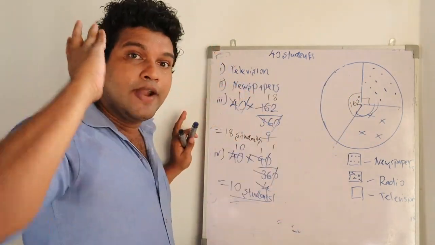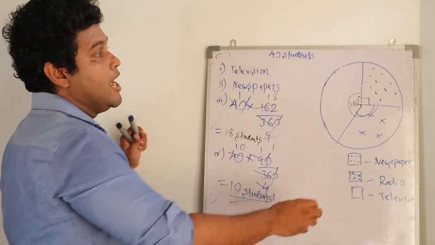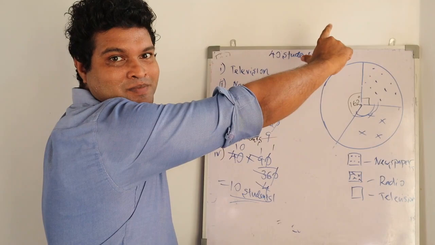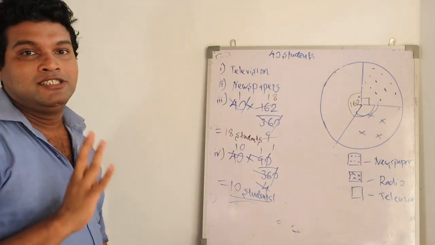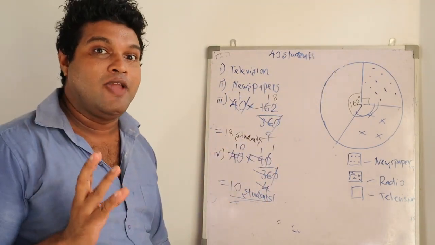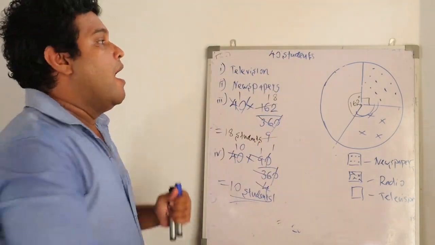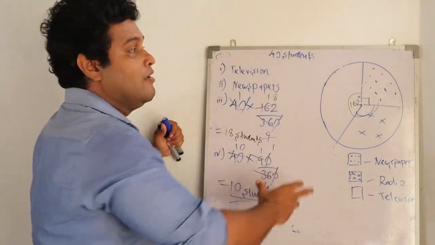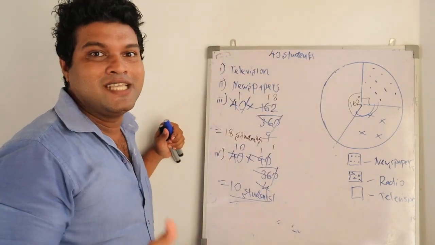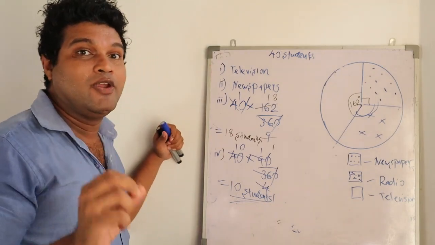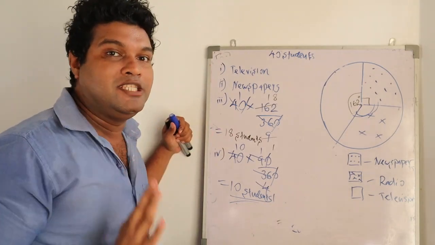In the same way, we multiply this fraction with 40, because the total is 40. When we extract data from pie charts, always remember, if we know the total, we multiply the total by the relevant fraction. That's the trick. You have to follow this trick when you extract data from pie charts.